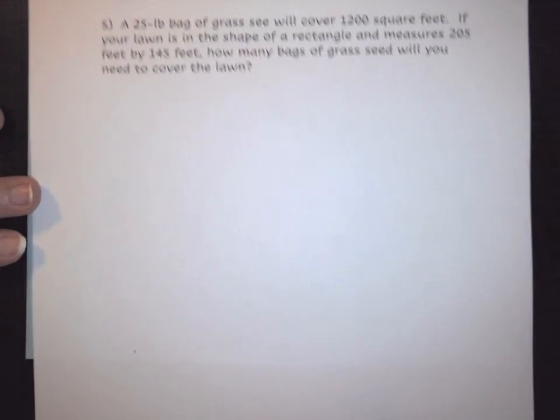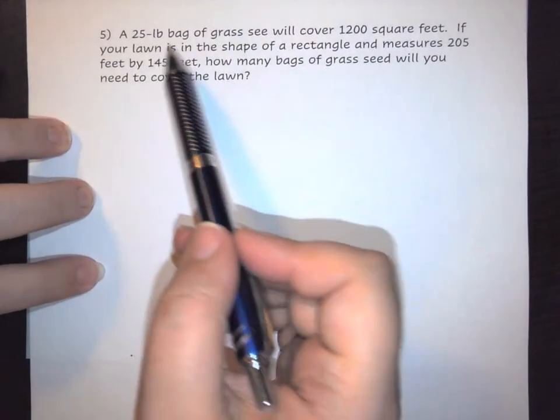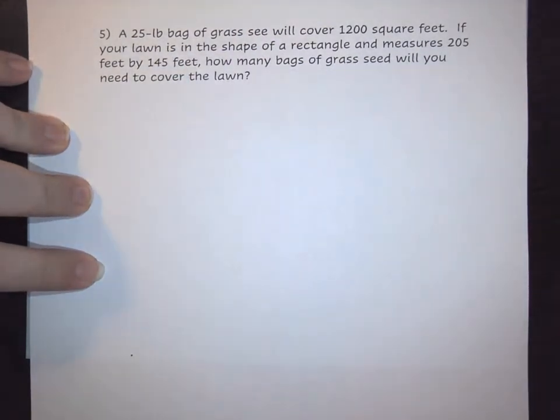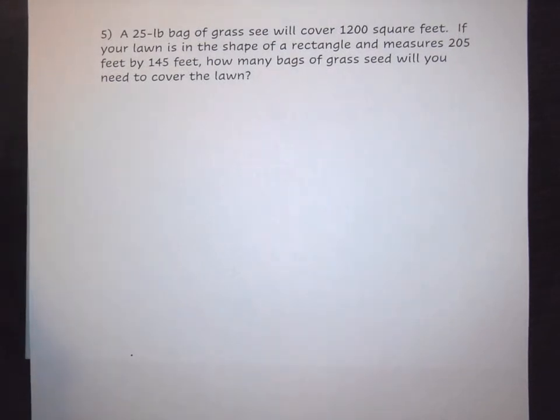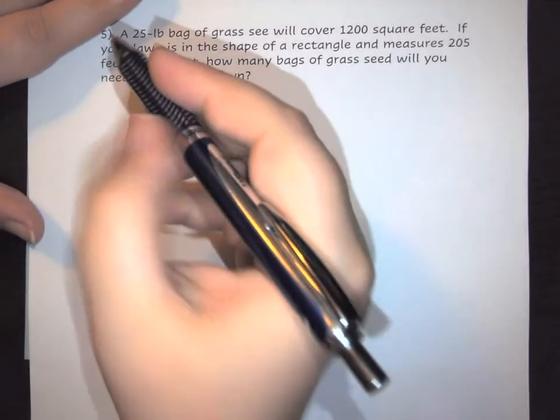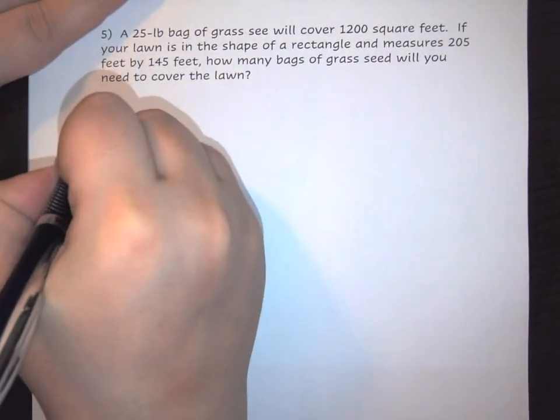Now the last example that I wanted to look at is this one here. We have a 25-pound bag of grass seed that's going to cover 1,200 square feet. If your lawn is in the shape of a rectangle and measures 205 feet by 145 feet, how many bags of grass seed will you need to cover the lawn? So one thing that you can do is look at a picture.